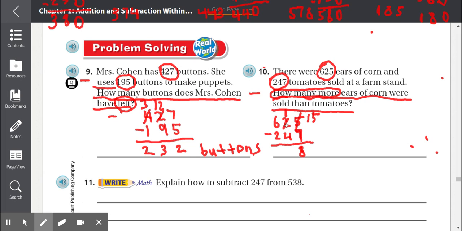And we can't do 1 minus 4, so we have to borrow from this 6. We take 1 away from the 6, it becomes a 5. And this 1 becomes an 11. Now 11 minus 4 equals 7. Now the hundreds place is no longer 6 minus 2, it is 5 minus 2. 5 minus 2 equals 3.